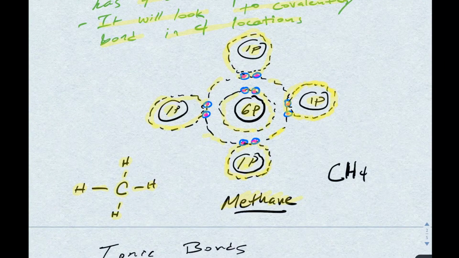Or you can write it like this with the letter C. Now, you don't put the number 1 in subscript because it's assumed. The letter H and the little number 4 in subscript to show that there are 4 hydrogens in that molecule. So again, this is a molecule because it is more than 1 atom, and these are covalent bonds creating this molecule.